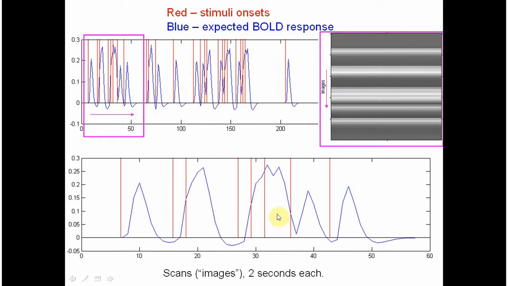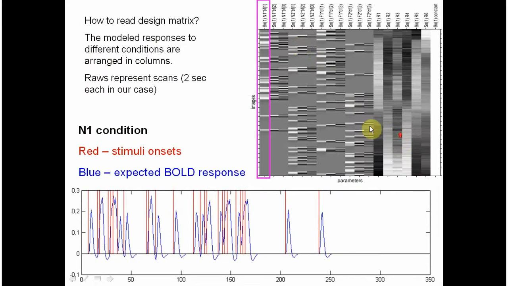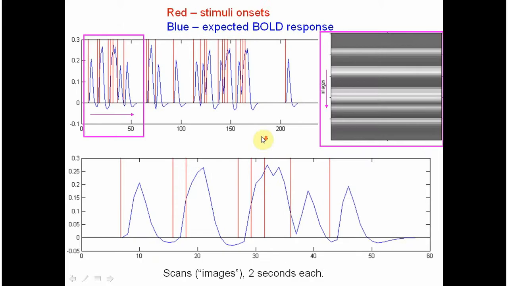Let's review a magnified version of the first part of this column. And we can see that it precisely corresponds to the time series of the bold activity. The very first scan is indicated at the top, and then the direction of the time is from top to bottom. Here it is from left to right.